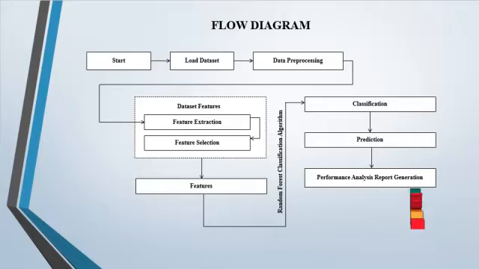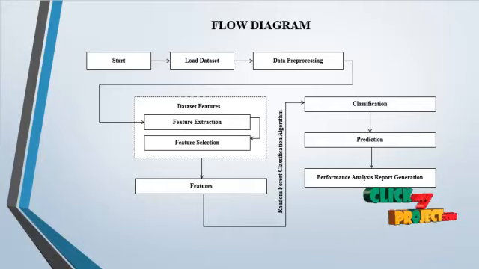One is feature extraction, where we extract features from our existing dataset. After we extract the data, we move to feature selection, where we select the features from the extracted data.